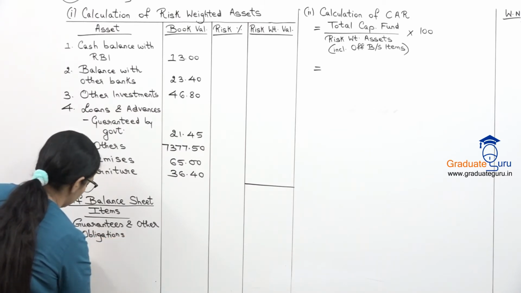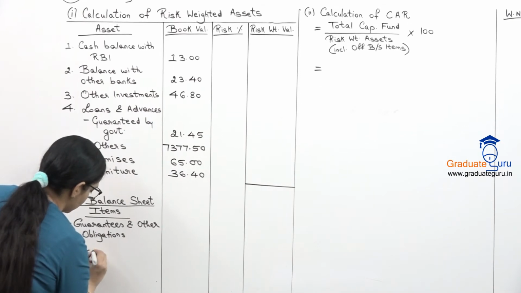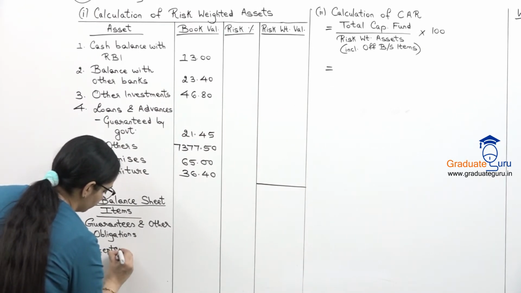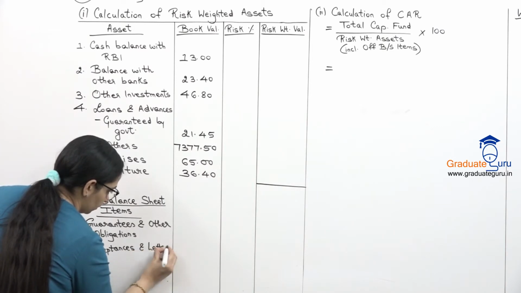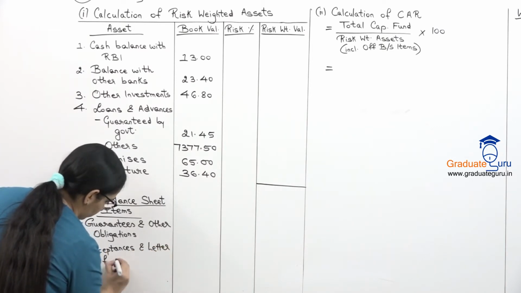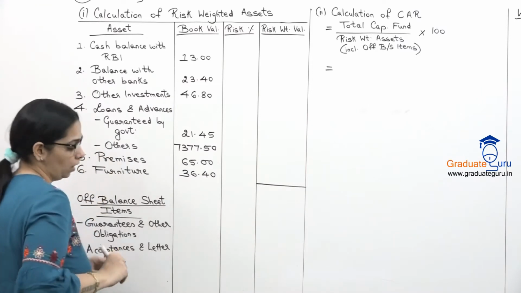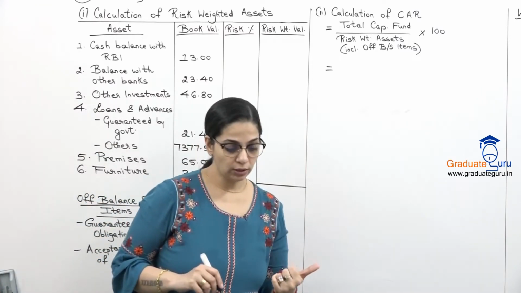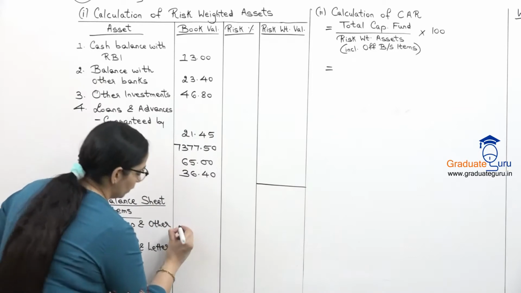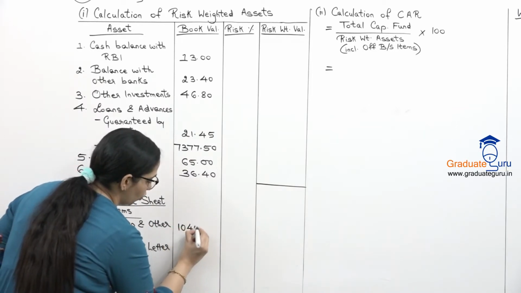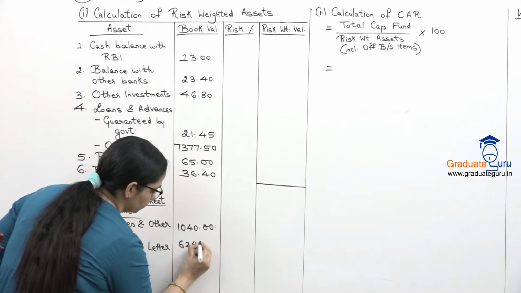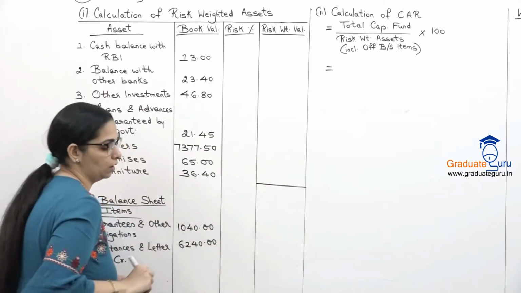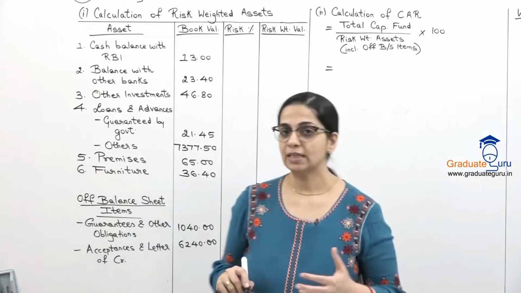And the next is acceptances and letters of credit. Now the amounts for these are 1040 and 6240. Now we have our complete list.